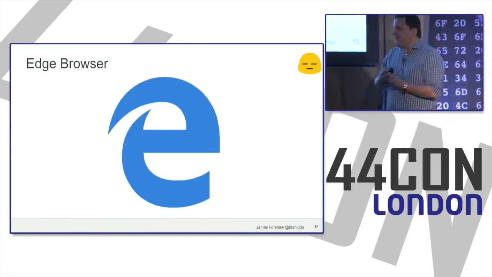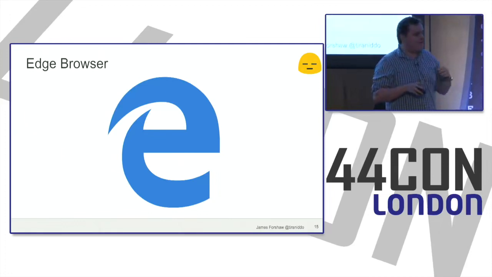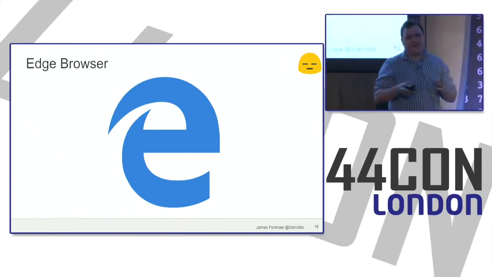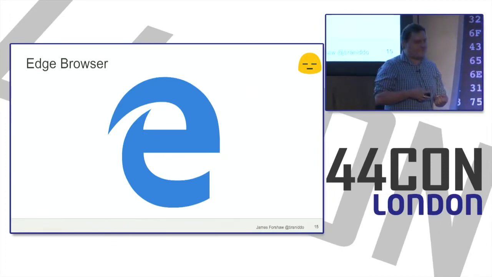Now, I said I wouldn't really talk about remote attacks, and I'm trying to stick to that. The browser in this case is a bit of a special case for me because of sandboxing mechanisms. So Edge is the new hotness from a browser perspective for Windows 10.